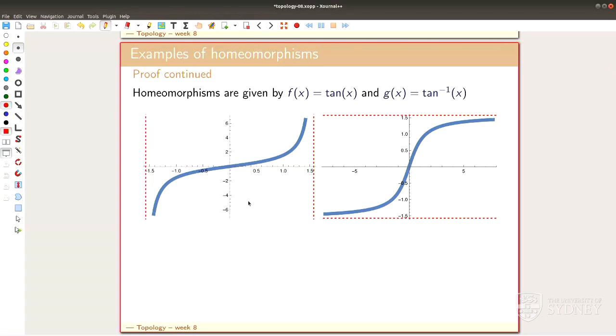As you can see, the inverse takes the real line, stretches it, and puts it exactly nicely into the interval. This is certainly a bijection and continuous, and they're inverses by definition, I guess. And here's the opposite. It takes it and puts it nicely into the interval, and every point has a unique image here.